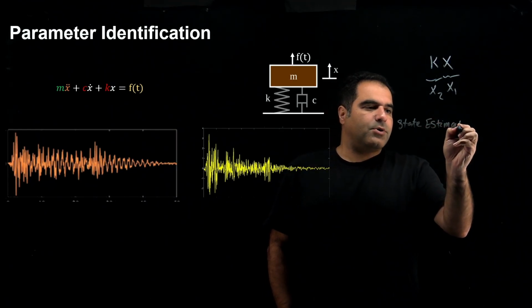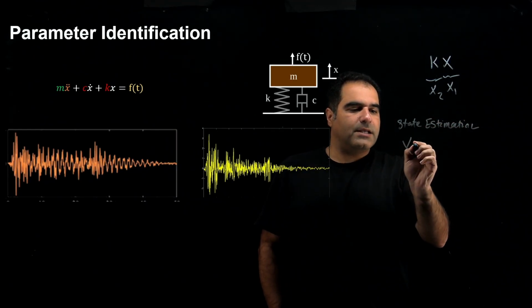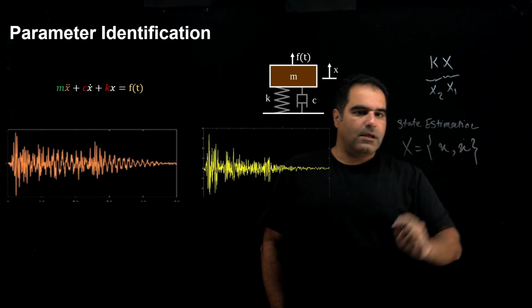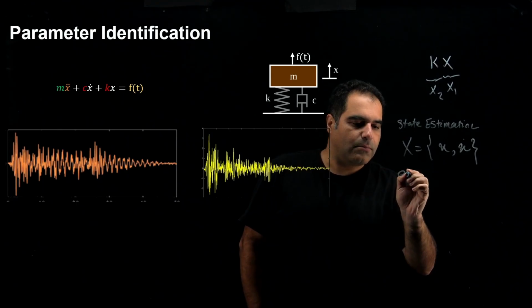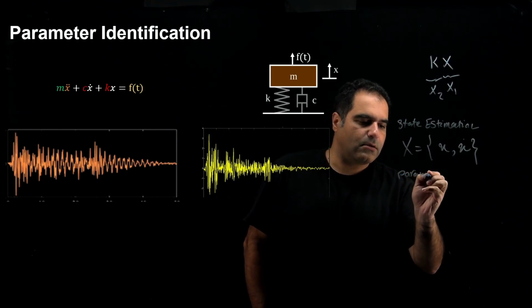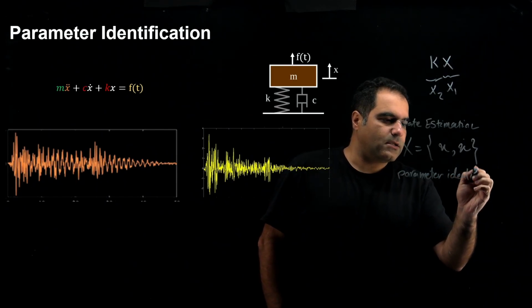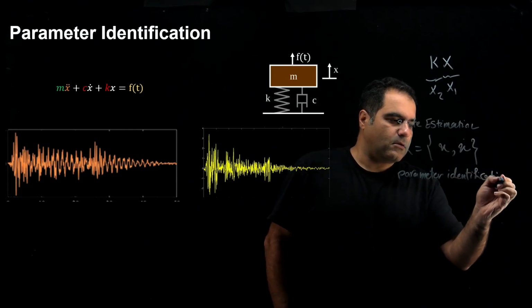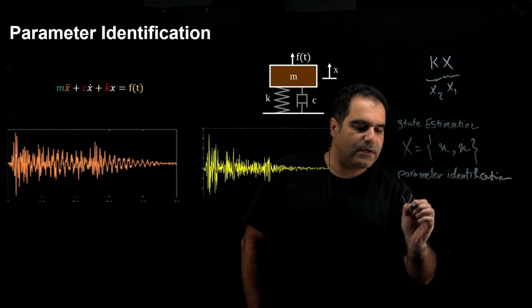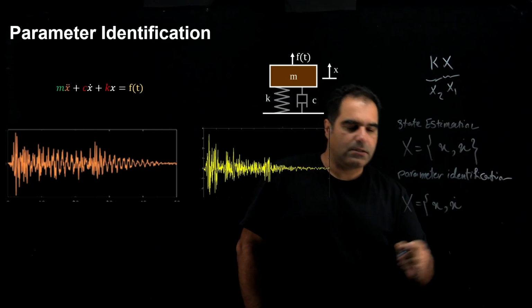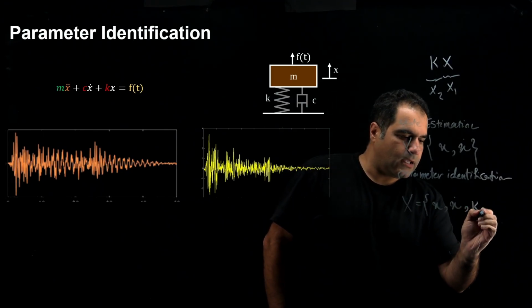For a state estimation problem, I assumed my state vector was x and x dot. For a parameter identification problem, the state vector will be x, x dot, k, and c.